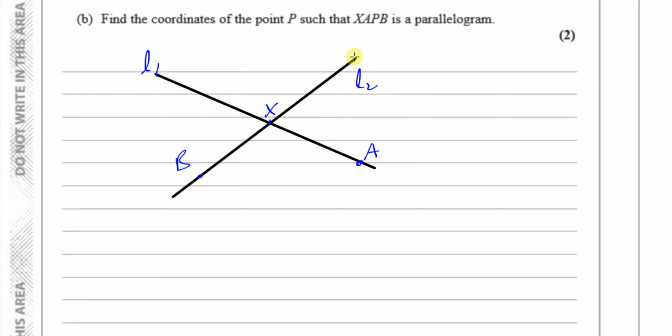Let me just draw a line like this and bring it down. It's parallel to that line, and it's going to be the same length as XB. So it's going to be parallel to it and the same length as it. So that's going to be P.